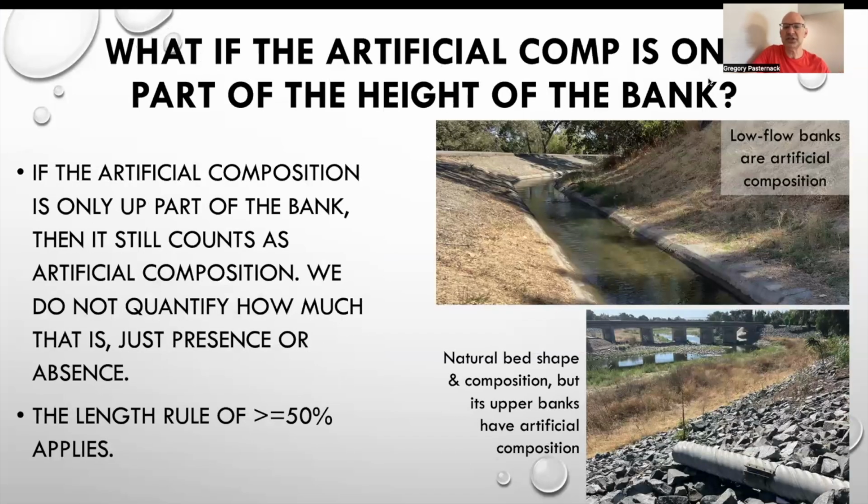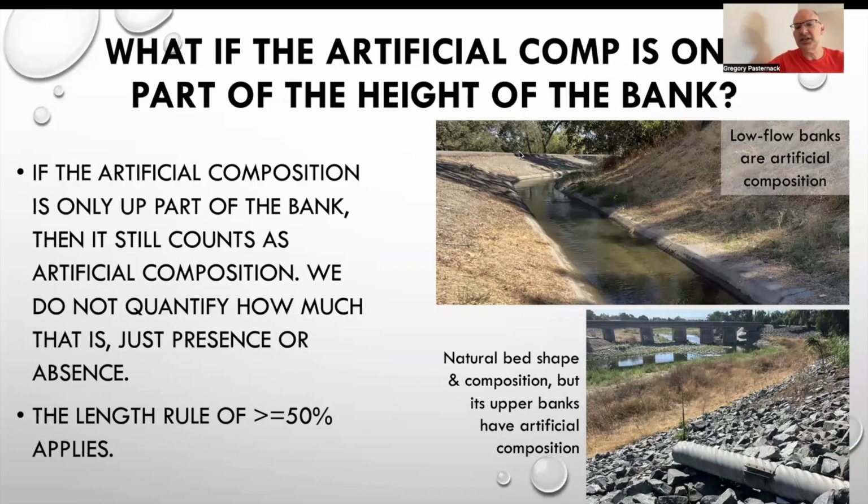What if the composition is only on part of the height of the bank? So in this photo, what you can see is the channel itself is cement, and then there's a natural material slope on both sides that's been specially, trapezoid on one side, to some extent on the other side, and then there's a paved sidewalk.